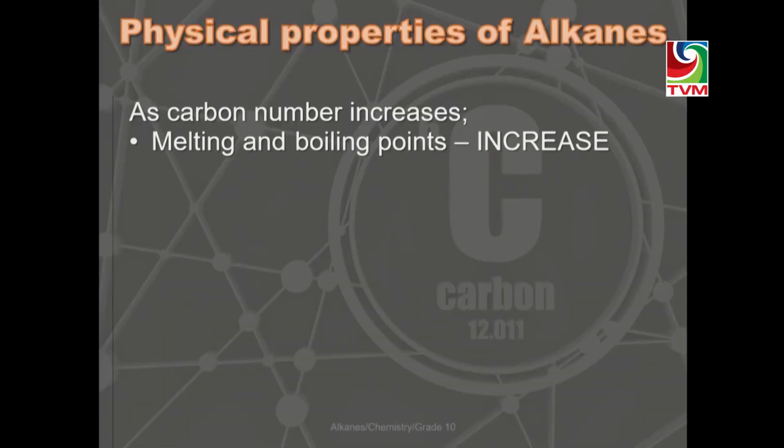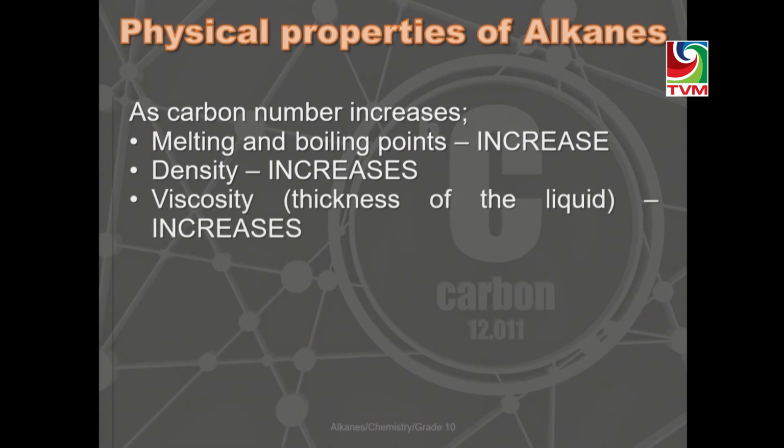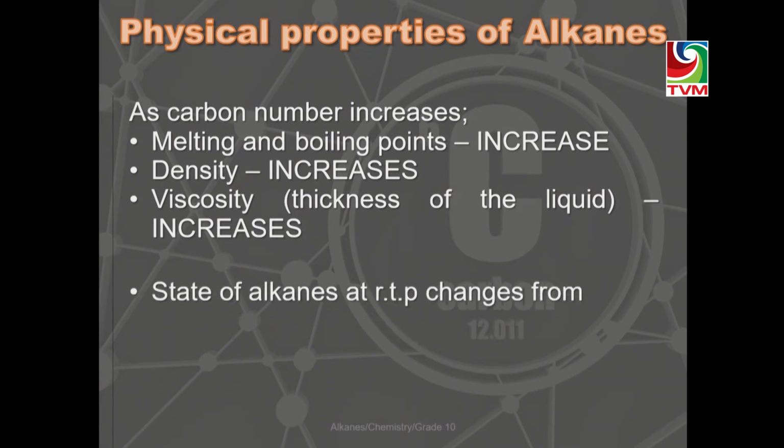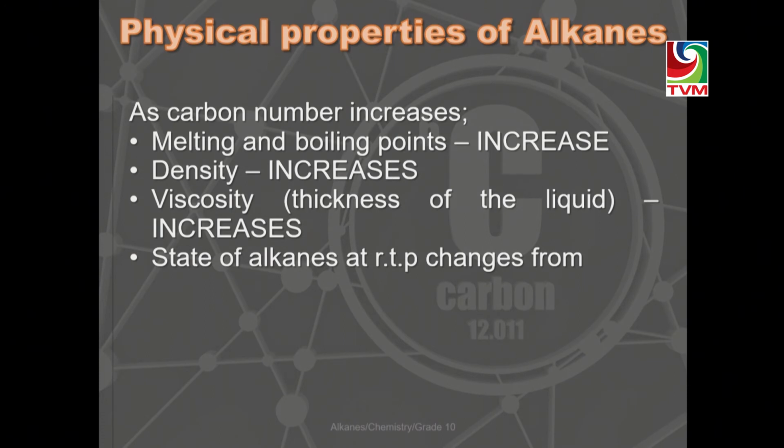As carbon number increases, melting and boiling point increase, density, mass per unit volume, increases as carbon number increases in alkanes, and viscosity, or thickness of the liquid, also increases as carbon number increases in alkanes.